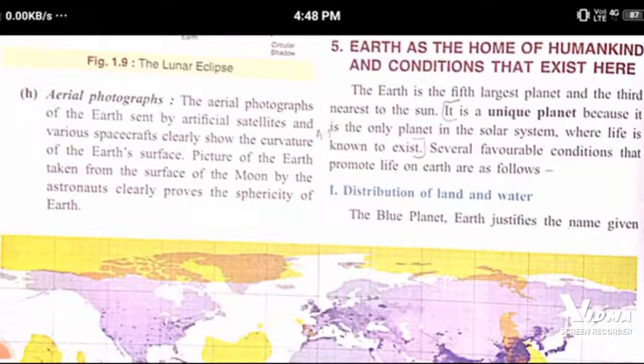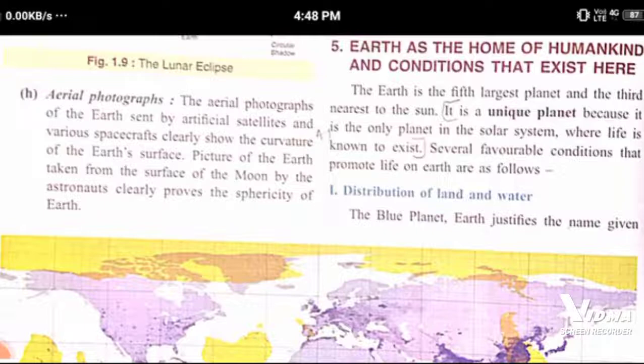Aerial photographs. The aerial photographs of the earth sent by artificial satellites and various spacecraft clearly show the curvature of the earth's surface, meaning they show the oblate spheroid shape of the earth.